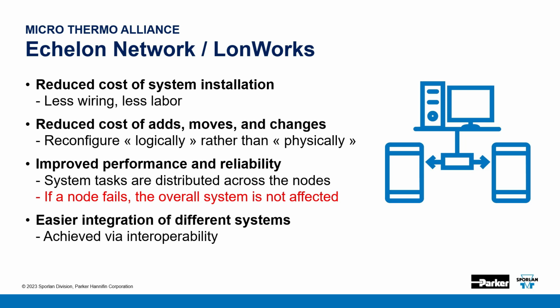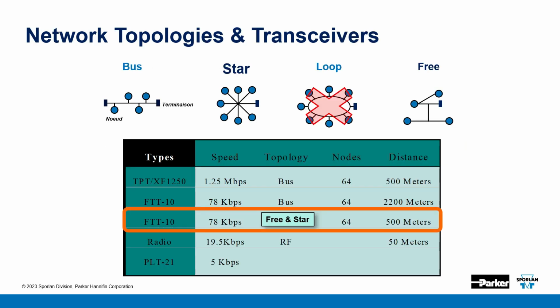Improve performance and reliability because the system tasks are distributed across all of the smart nodes in the facility. So if one node fails, the overall system is not affected. And it makes easier integration of different systems, no matter who the manufacturer is. If it's true international free echelon, it's achieved through interoperability.